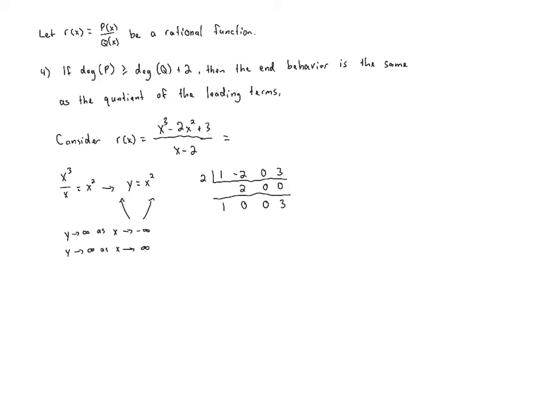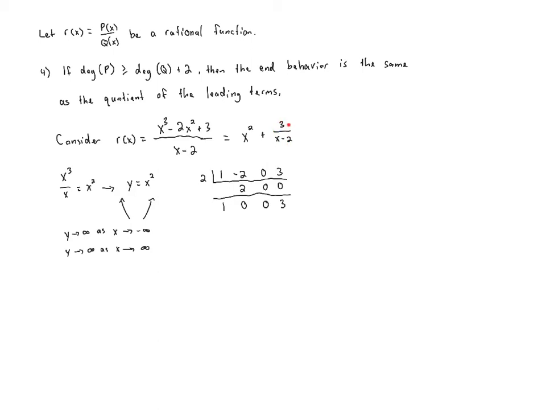And so what we end up with, when we take the quotient, is x squared plus 3 over x minus 2. So what we end up with is a polynomial out front. In this case, it's a monomial, but it could have more terms. And then this remainder term.